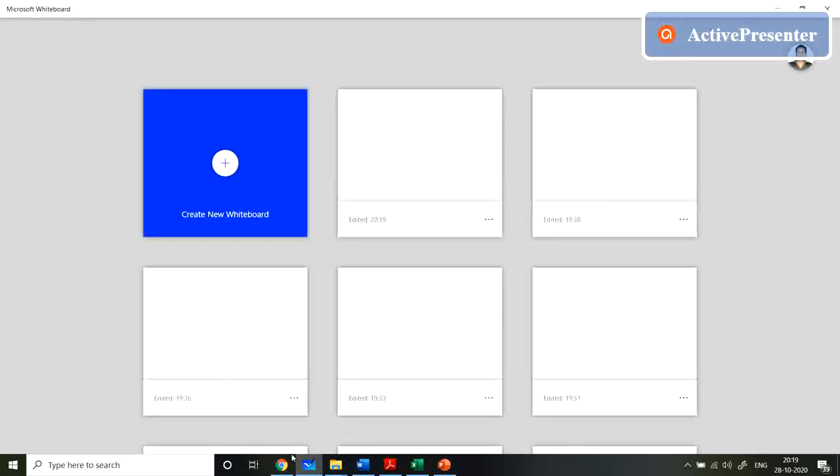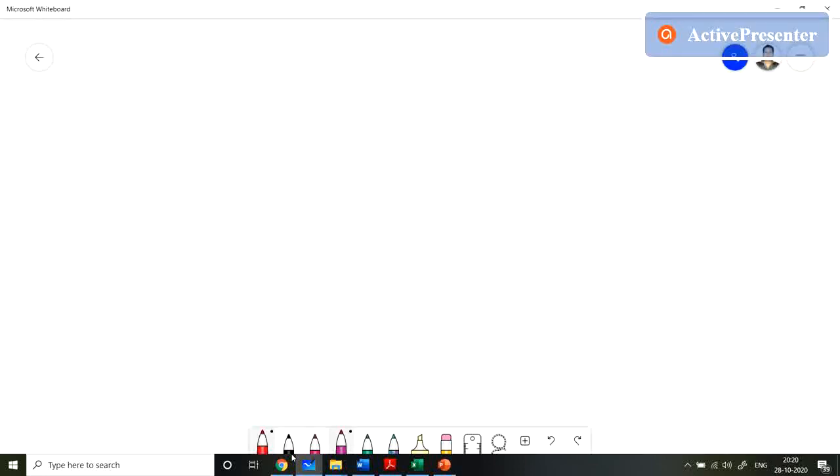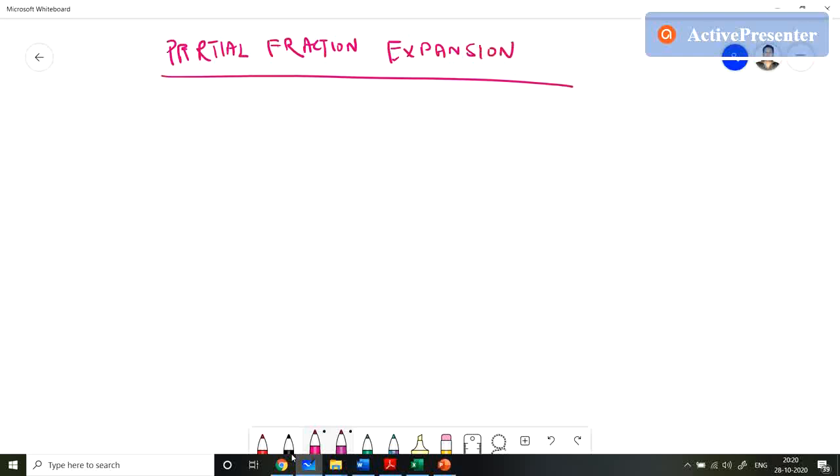Now let us discuss the partial fraction expansion. As in the case of inverse Laplace transform, we used the partial fraction expansion method to find the inverse Laplace transform.